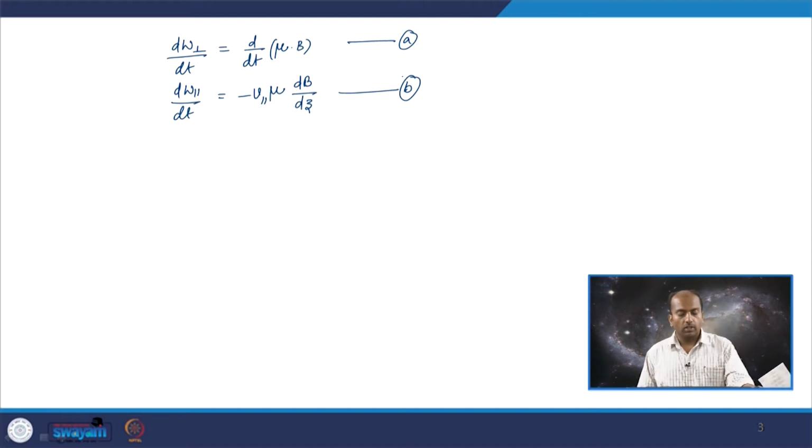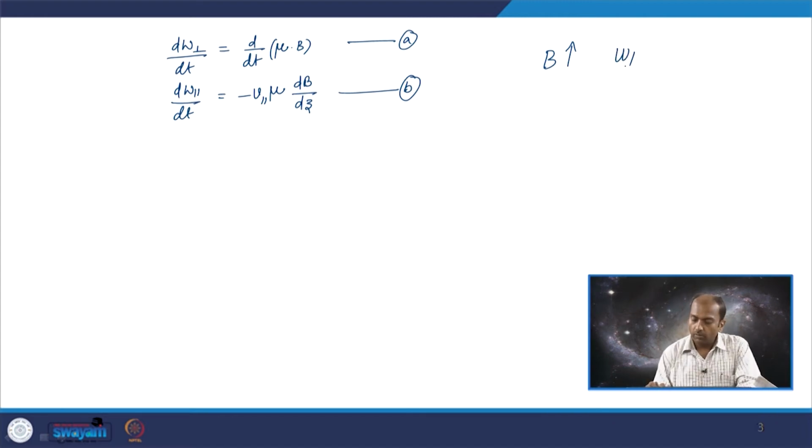Now, what do you see here? If the magnetic field is increasing, what happens to the perpendicular component? We are able to see that the perpendicular component of the kinetic energy is also increasing, right. Now, as the magnetic field is converging along the z-axis, if it is increasing as a function of z, dB by dz will be a positive gradient. So, if the magnetic field is increasing along the z-axis, we can simply say that the parallel kinetic energy is decreasing, right.